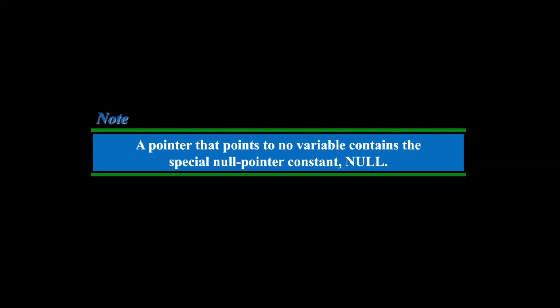What would be a good default value for a pointer? Let's say we have an integer pointer P, and at runtime there is not another variable where we can point this P to. As a good software engineering practice, it is best to always initialize your variable. So in this case, we assign this null value to P. This NULL is actually a macro in C++ that has a value of 0 at runtime.